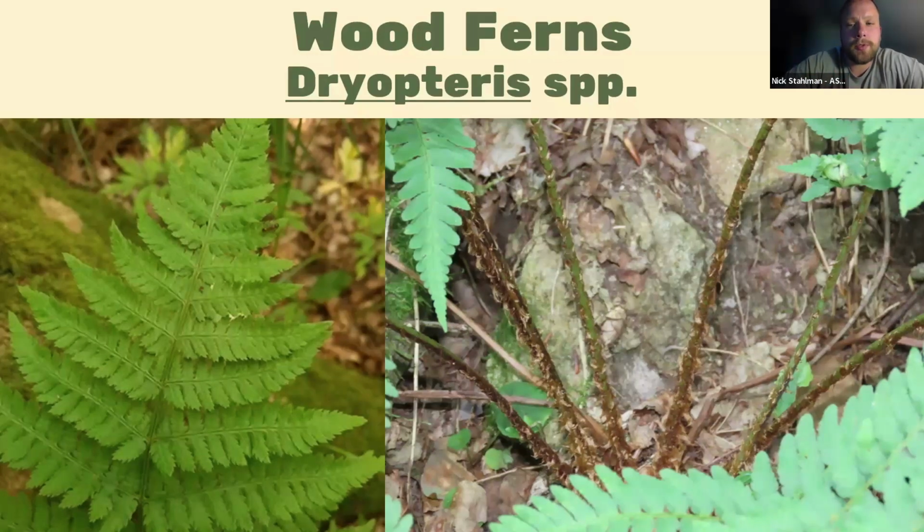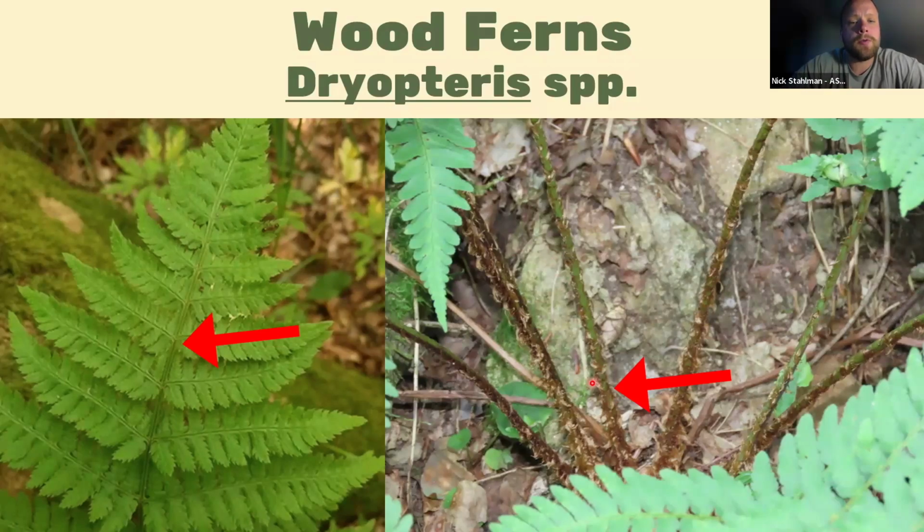In general, when it comes to wood ferns, I look for this groove in the rachis. We do have this tripinnate, so we have lacy foliage, and then I look at the rachis and I see this groove, and I immediately start thinking wood fern. From there, I look at the base of the stipe, and our wood ferns generally have the brown scales.